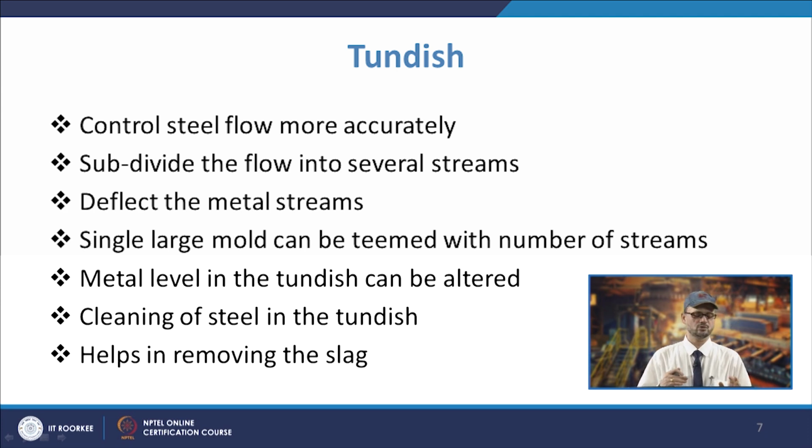Now it will also help in removing the slag, because slag, if there is any, will be floating at the top. If the slags are entrained, because of the quiescent flow which can be maintained inside, you can allow these slags to float. In normal circumstances the slag will be at the top, and beneath that there will be molten liquid.